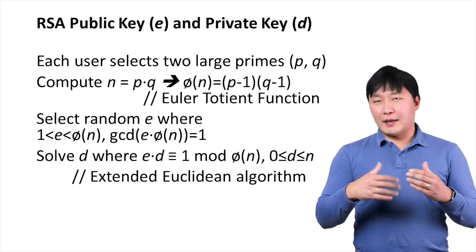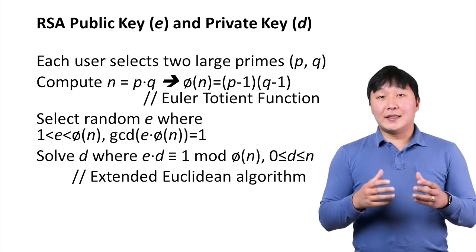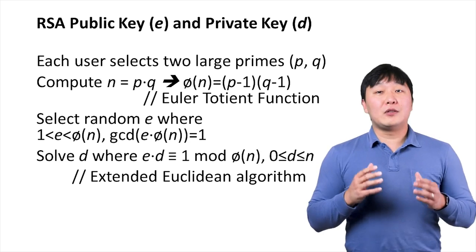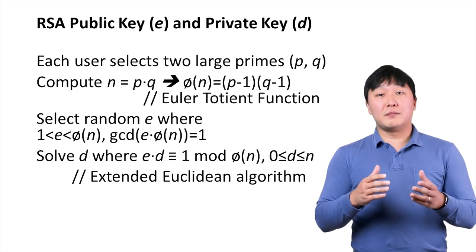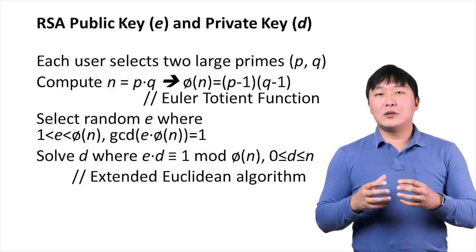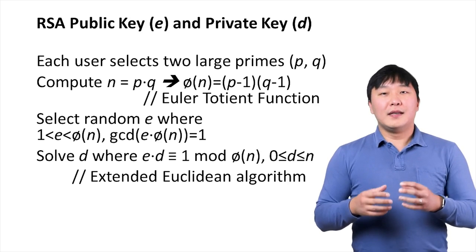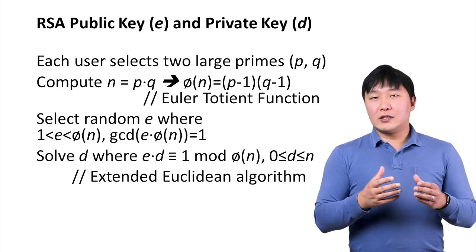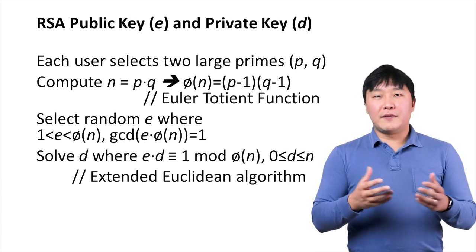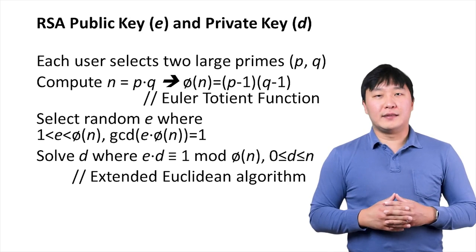There's an algorithm that does this, called the extended Euclidean algorithm. The extended Euclidean algorithm can be used for finding the multiplicative inverse mod phi of n by plugging in E and phi of n as the two inputs of the Euclidean algorithm and using the fact that the greatest common divisor of E and phi of n is equal to 1 by the definition of E and how it is selected.